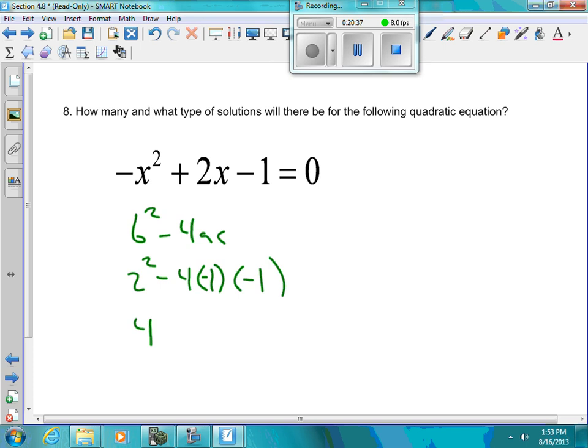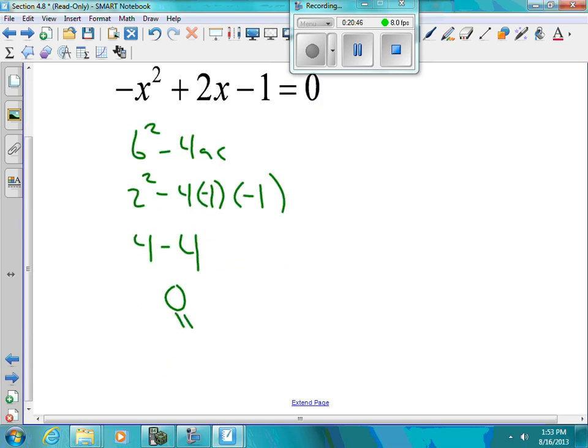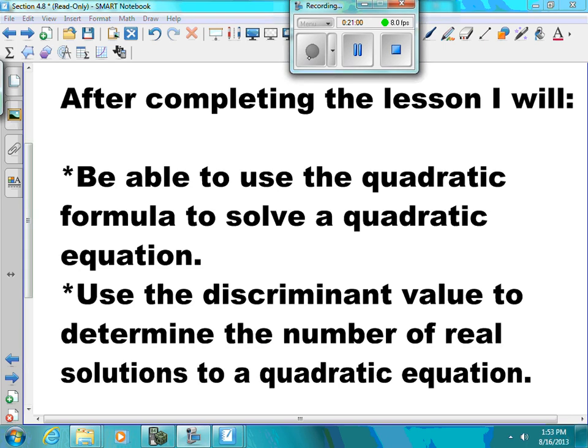Negative 4 times negative 1 is positive 4. Positive 4 times negative 1 is negative 4. Negative 4 minus 4 is 0. That implies what? It implies that there is one real solution. So I'll let you graph it. You'll see that it only touches the x-axis one time, and that's that.